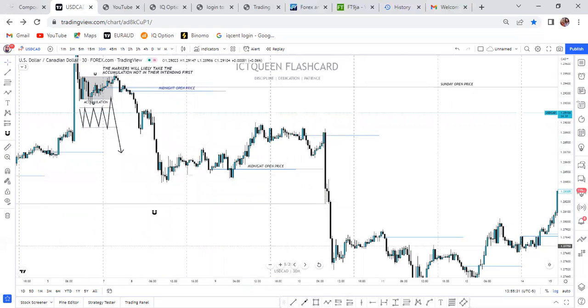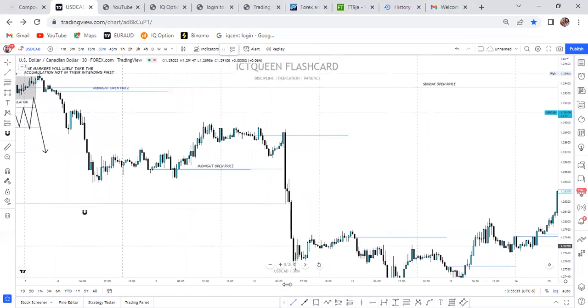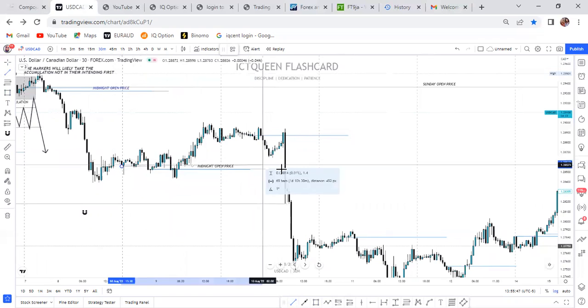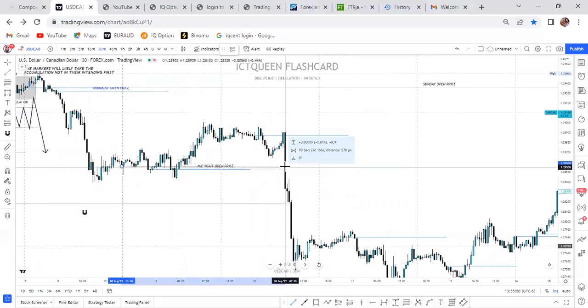Now, on Tuesday, when we have the market open, we have what they call the true day open price. What's the true day open price? The true day open price is the price at which the Asian market session opens the next day. I will show you guys on the current real time true day open price.